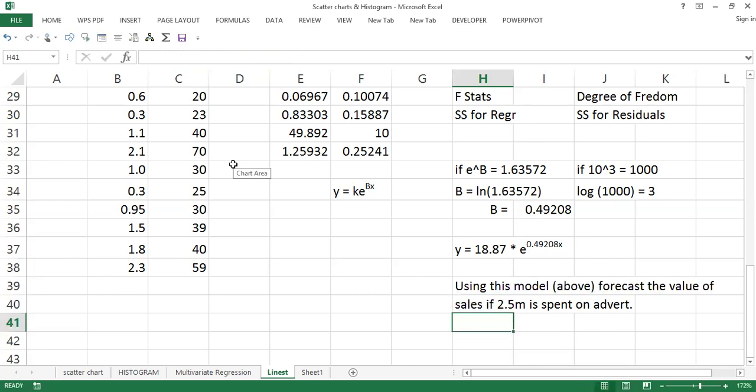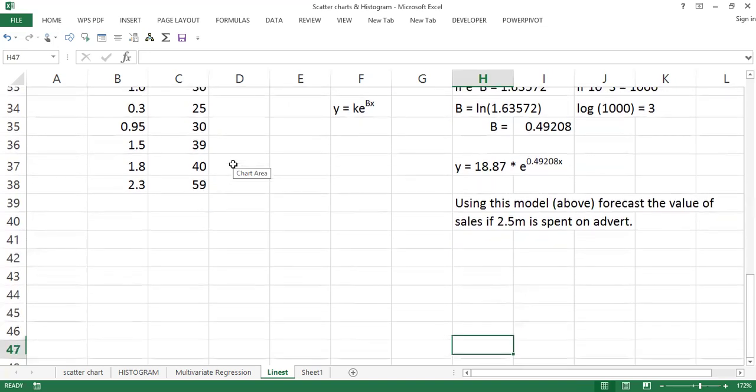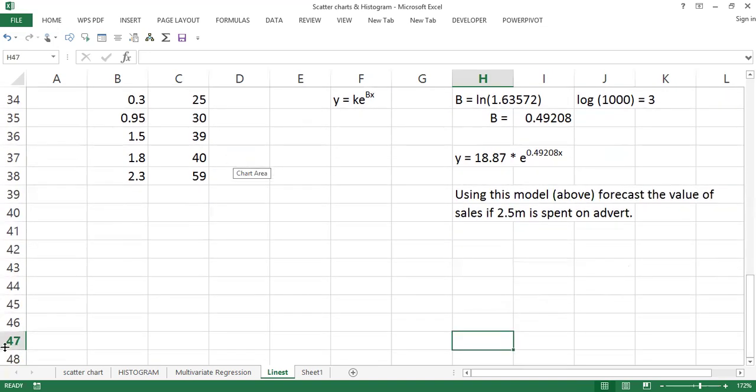This is not a linear model now. This is an exponential model. So using this exponential model, you try to forecast the value of sales if 2.5 million is spent on advertisement.